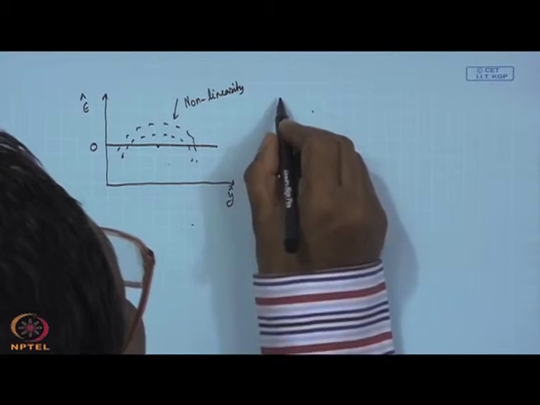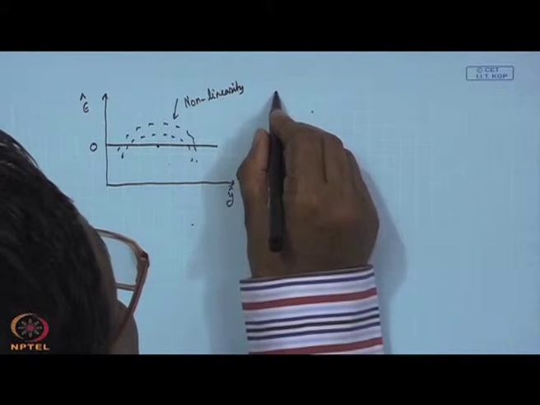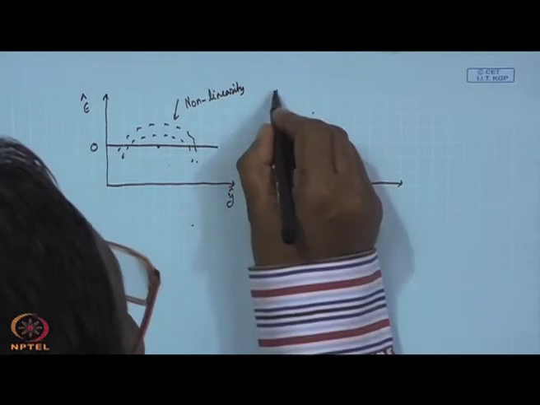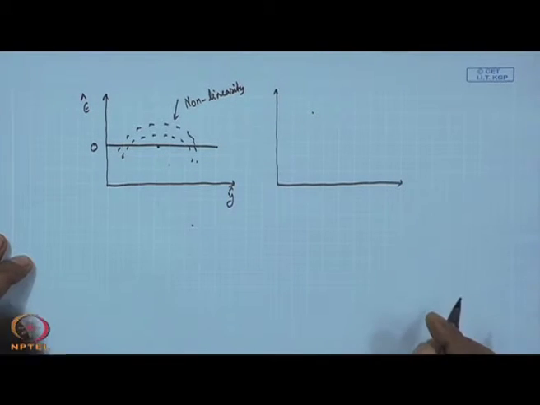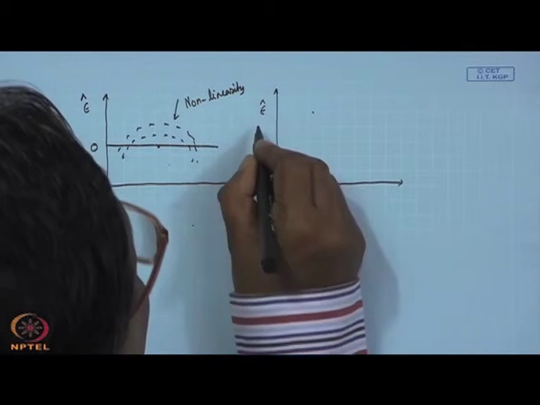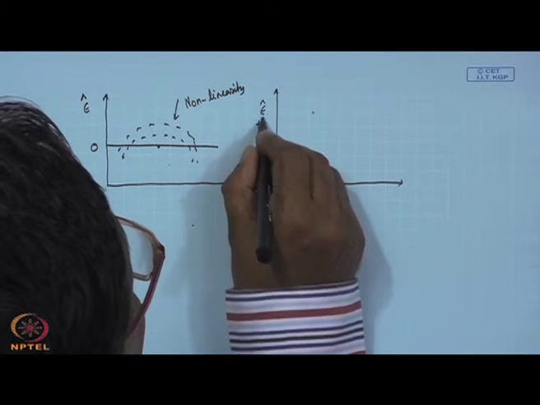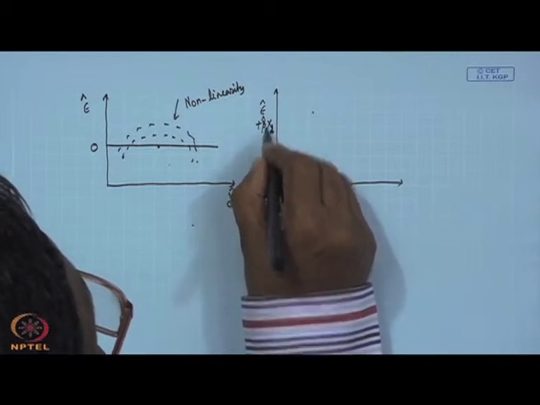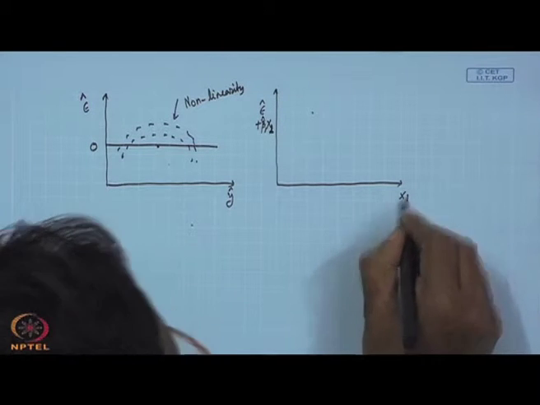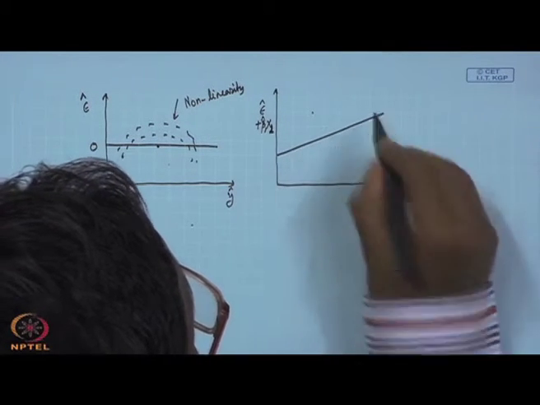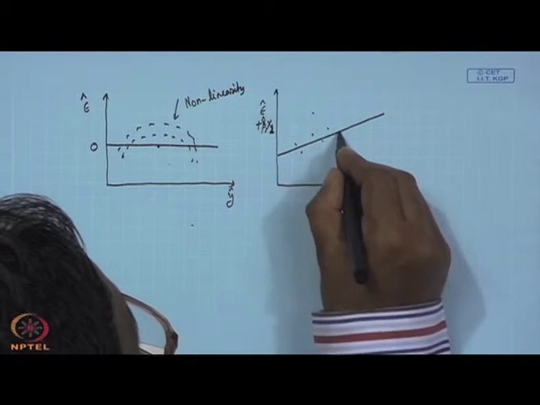Now, suppose there are two variables, x1 and x2, representing the independent variables. You are fitting beta 1 cap x1, and on this side x1, and you found a curve like this.